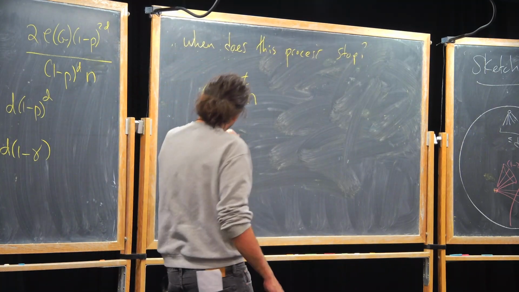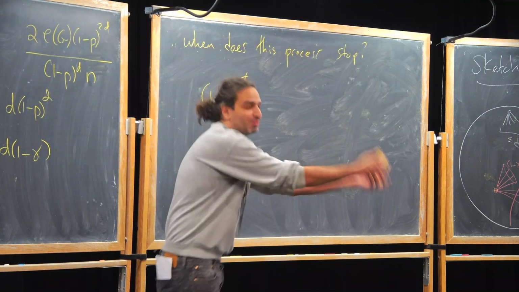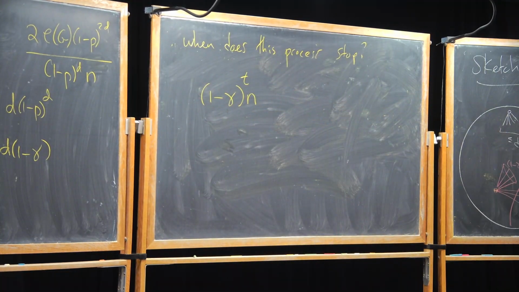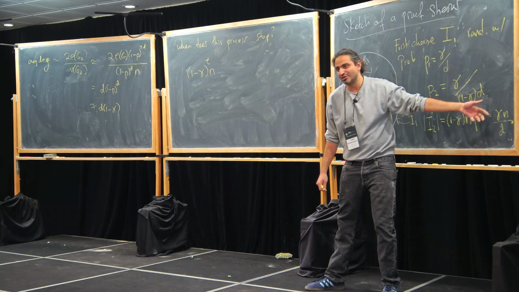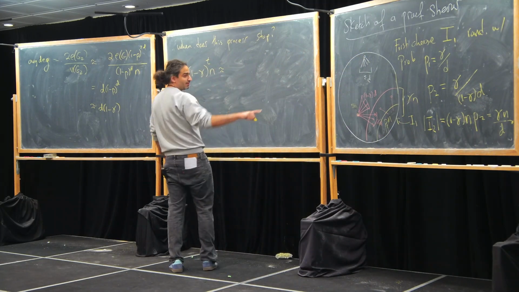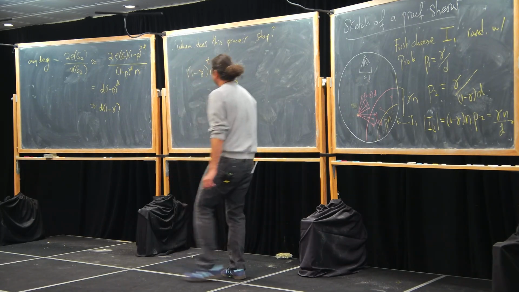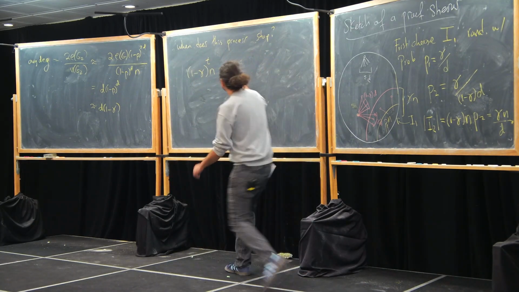Now, if the size of the graph is smaller than the total number of vertices I would like to include, then I'm pretty much toast. There's nothing I can do. So I'm basically done when this is like gamma n over d. Okay, so the n's cancel.